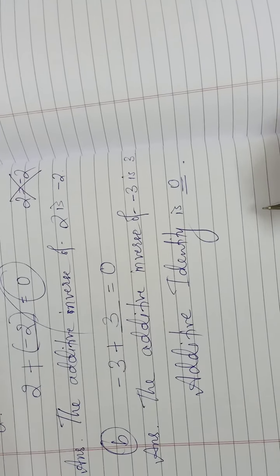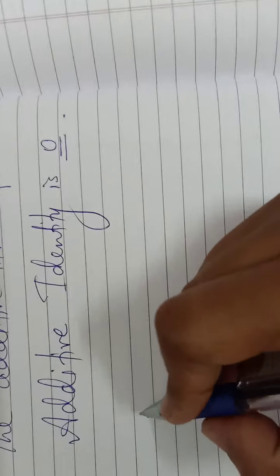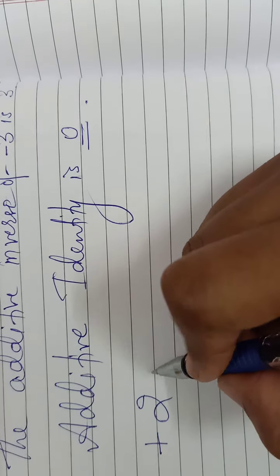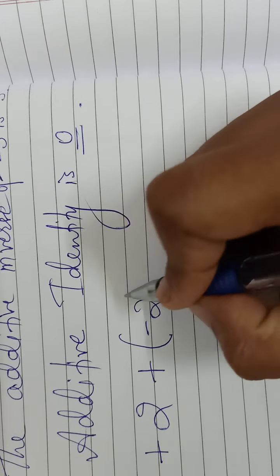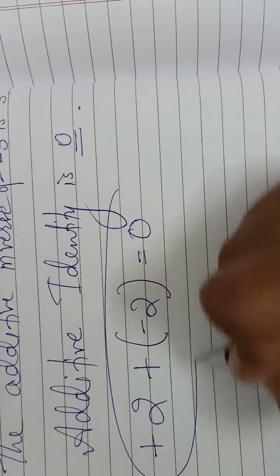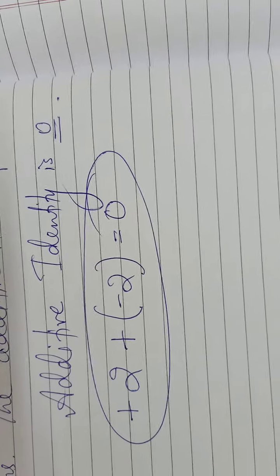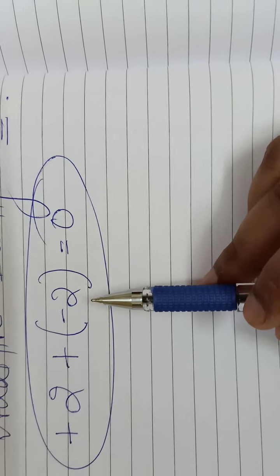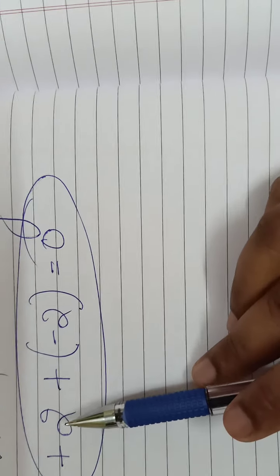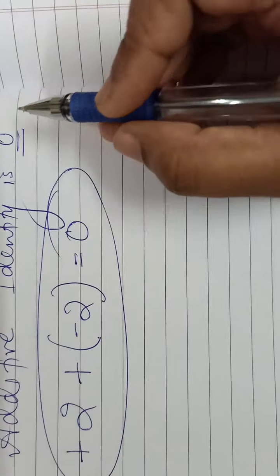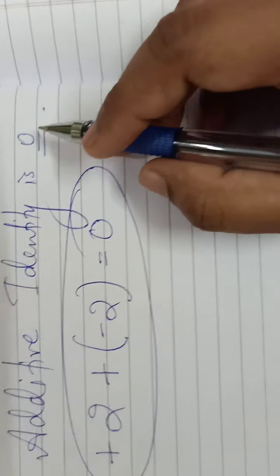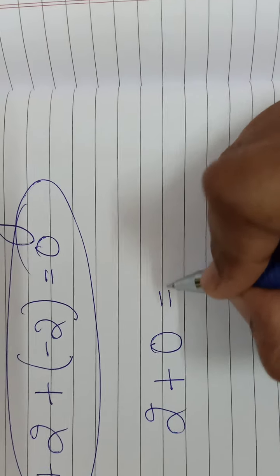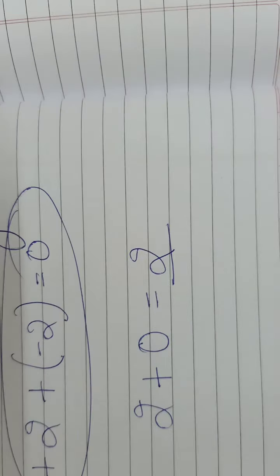Okay, so why? Because 2 when added with minus 2, you get 0. That is definite. So you call 2 the additive inverse of minus 2 or minus 2 the additive inverse of 2. But 0 is called the additive identity. It is because any number when it gets added with 0, the resultant is the number itself.